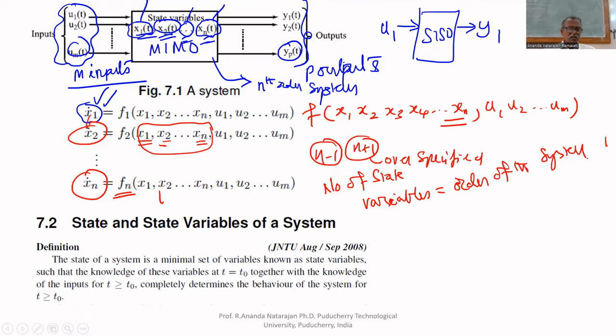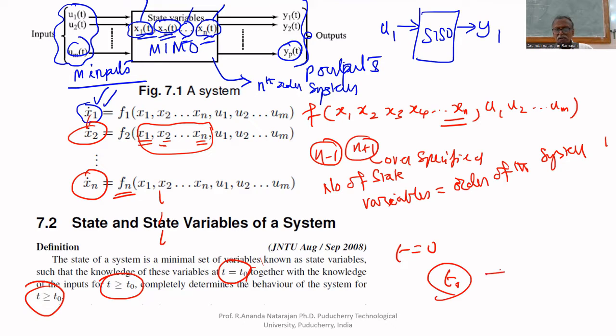What is the definition for state variable? The state of the system is a minimal set of n variables, such that the knowledge of these variables at t equal to t naught, the initial time, together with the knowledge of the inputs at t greater than or equal to t naught, completely determines the behavior of the system after t naught. No need to take t equal to 0. In the transfer function model only we have to take t equal to 0. After t naught, I know all the inputs I am applying.